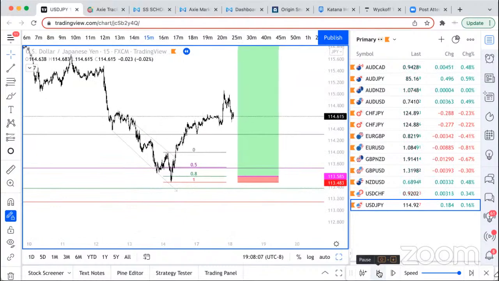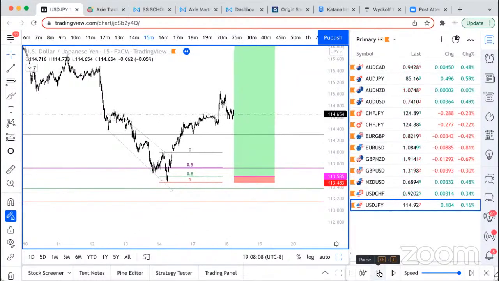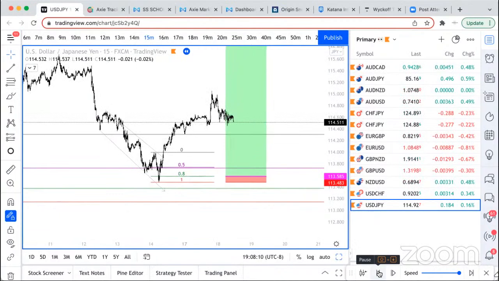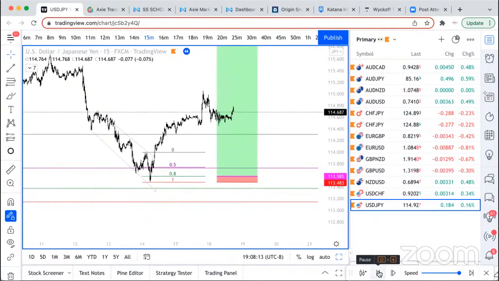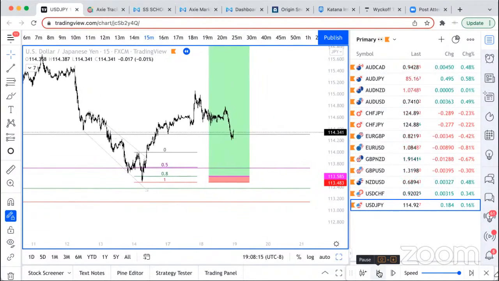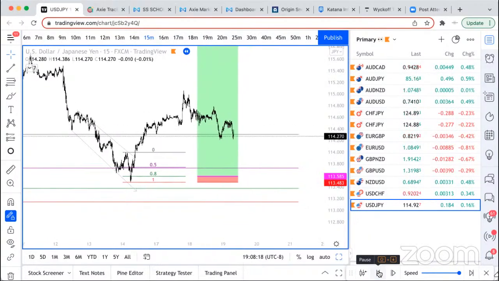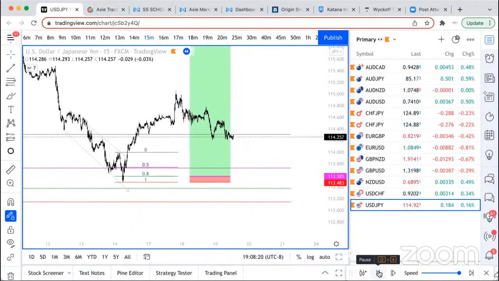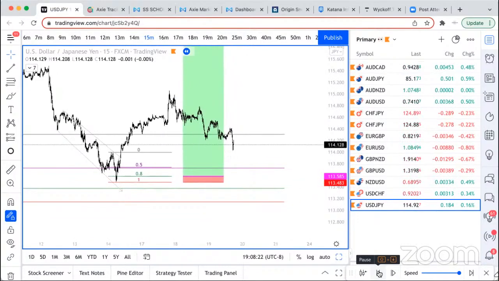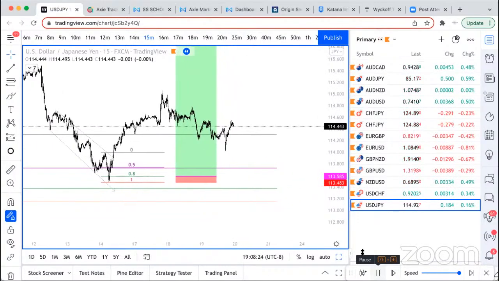We'll allow price to play. And this is good. She's walking herself down relatively nice. She's not just dropping.